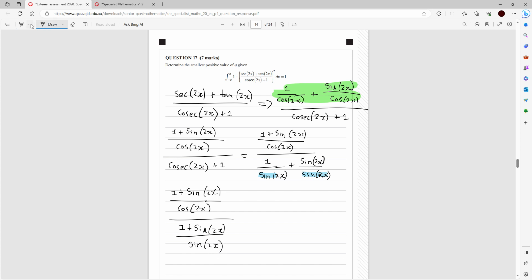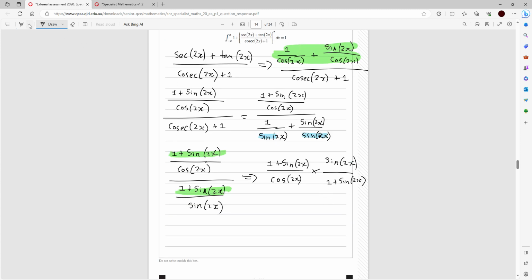Now, hopefully you can see that is the same as that. So let's rewrite what we actually have here. We have 1 plus sine of 2x on cos of 2x divided by all this, which can be written as times sine of 2x on 1 plus sine of 2x. All I did was rewrite this in terms of its normal stuff.